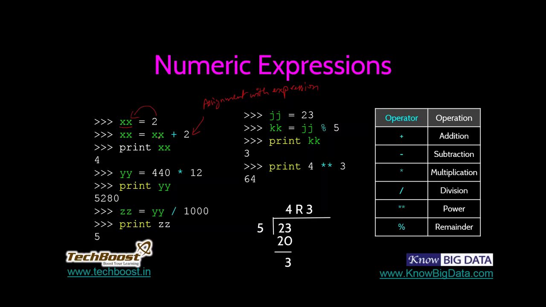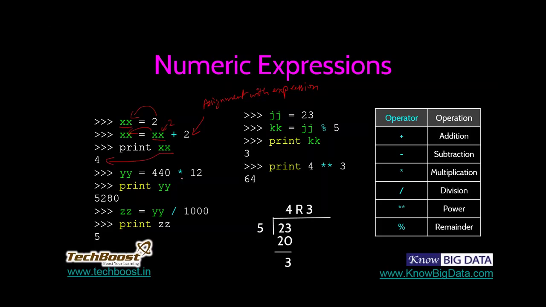So x already has the value of 2, so it is replaced by 2 here, added to 2, and assigned back to x. Now when we try to print x, we get the value 4, which is the updated one.